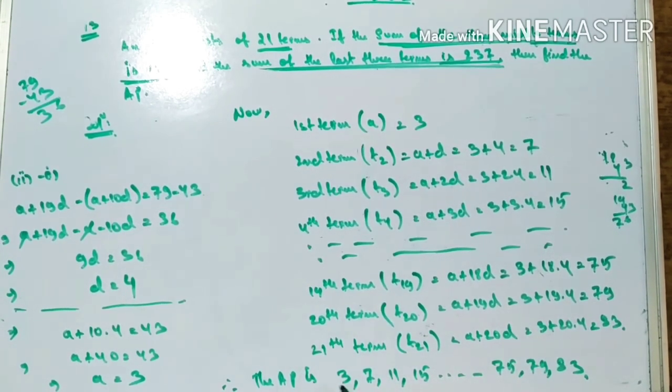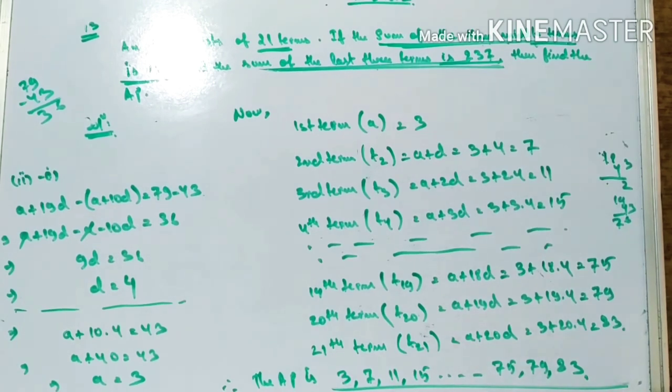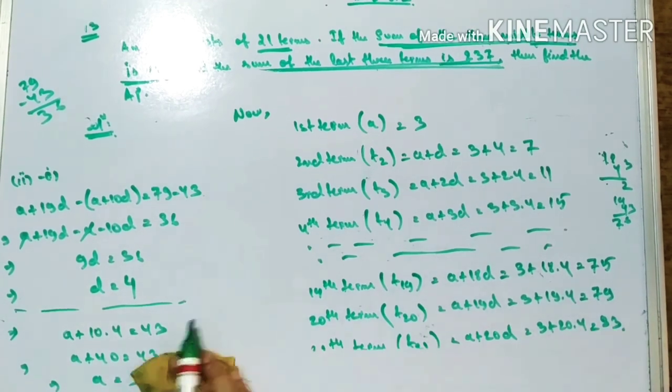So you write it in this way: 3, 7, 11, 15, dot, 75, 79, 83. Next I will go to question number 14.